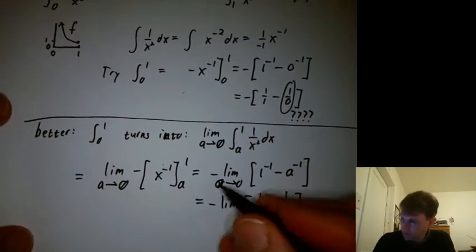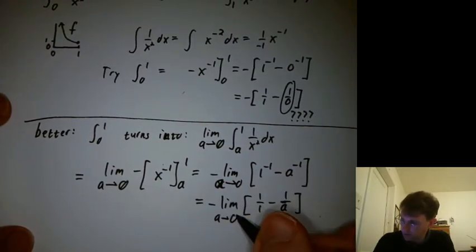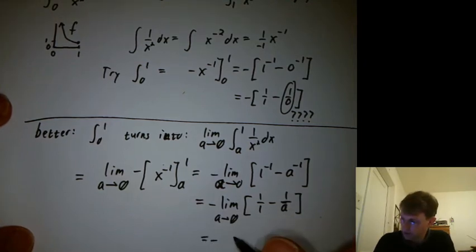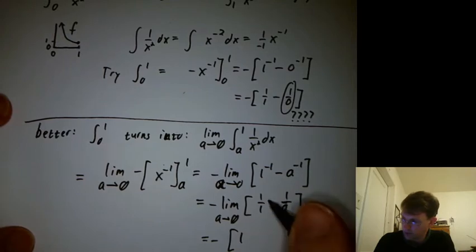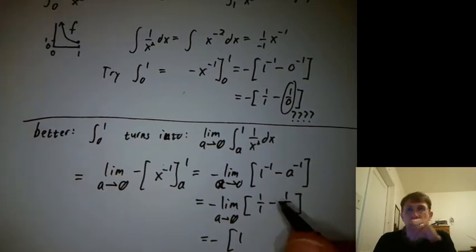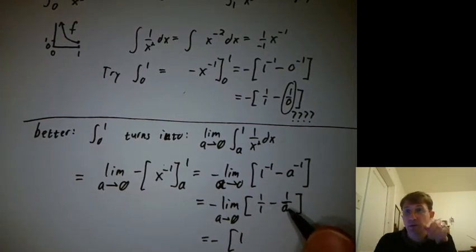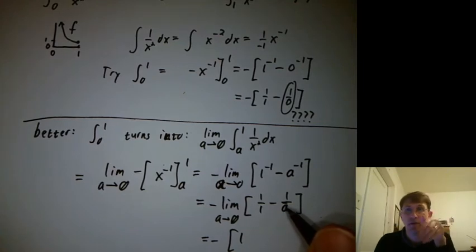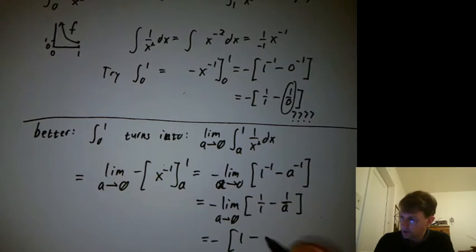And now, what's the limit as a goes to 0 of 1 over a? Plug in 0.1. What's 1 over 0.1? 10. Try plugging in 0.01. What's 1 over 0.01? 100. Try plugging in 0.001. You get 1,000 and so forth. So you're getting infinity there.